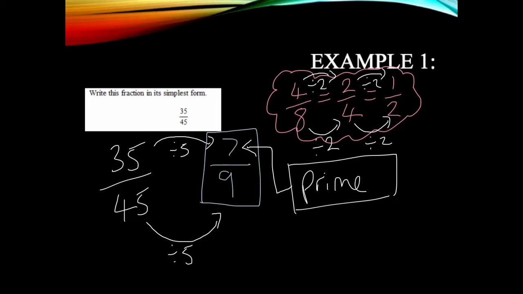Nothing else goes into 7 apart from 1 and 7, and neither of those go into 9 apart from 1. But if I divide 7 over 9 by 1, I just get 7 over 9 again. So that's not going to take me any further. So this is something you could always spot if you're looking at cancelling fractions down and deciding whether you've got to the simplest form. Look out for those prime numbers.